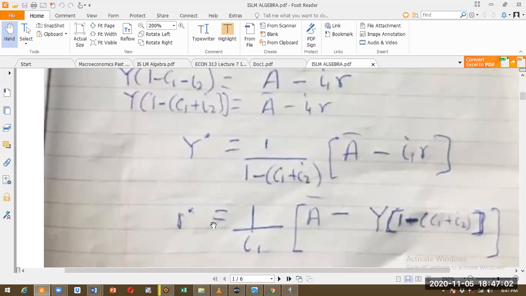I prefer making R the subject because at times we are asked to find the slope, and that is dR/dY. If you want to find it, you just differentiate R with respect to Y, then you get the slope of the IS curve.